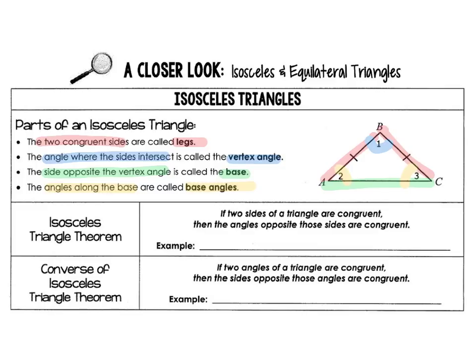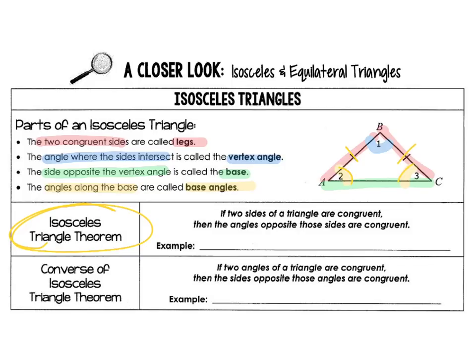Now we have certain theorems that tell us specific things about isosceles triangles. The isosceles triangle theorem tells us that if two sides of a triangle are congruent, then the angles opposite those sides are congruent. So basically, if the two legs are congruent, then the base angles are congruent.